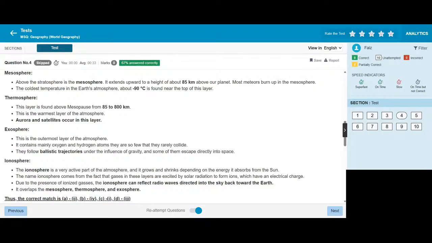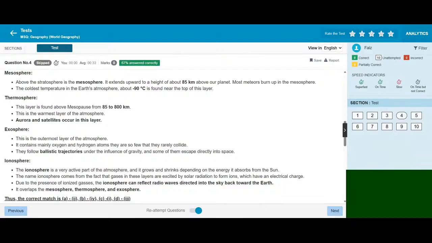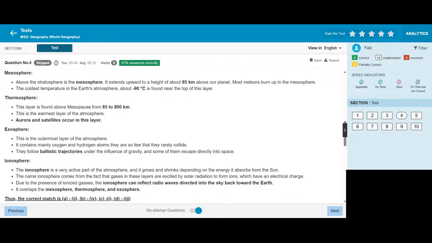Exosphere. This is the outermost layer of the atmosphere.